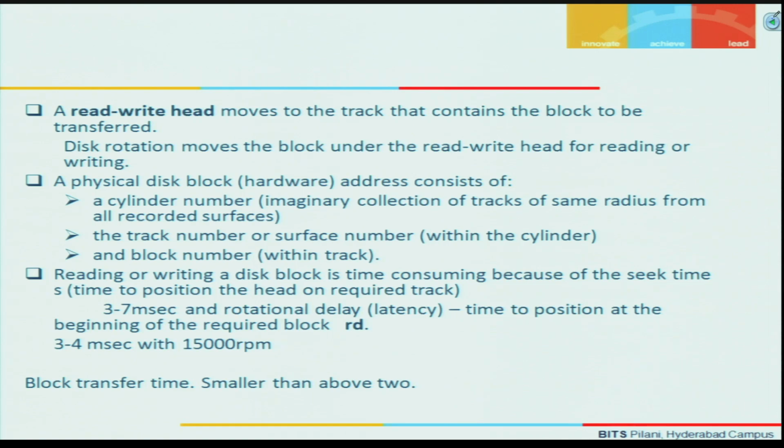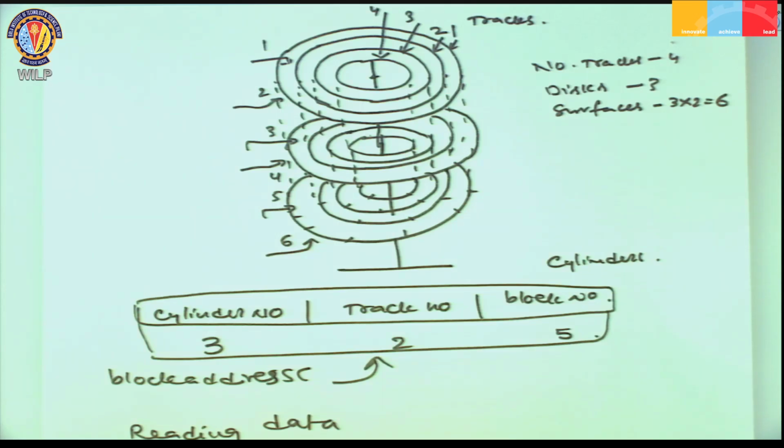Now let us have a look at the concept called a cylinder. Let us have a look at this disk pack. In this example, I have 3 disks, disk 1, disk 2 and disk 3. When I have 3 disks, how many surfaces will be there? Let us assume that each disk has a bottom surface and an upper surface.